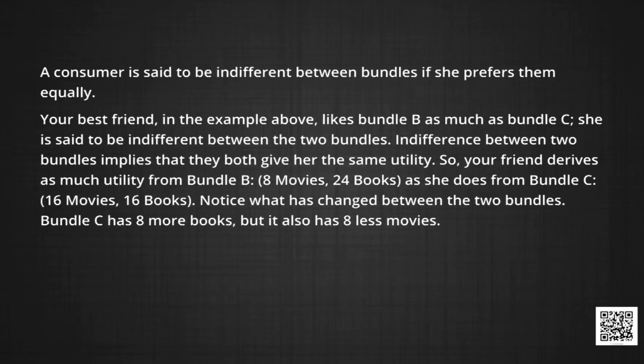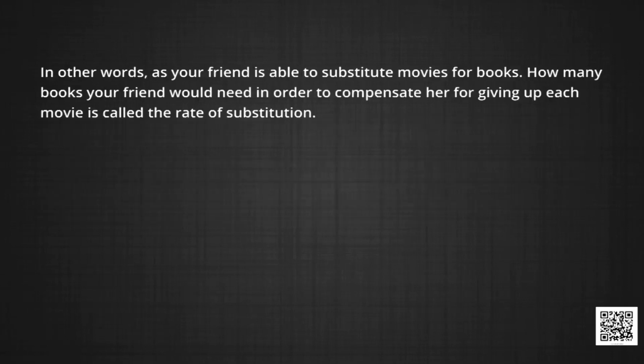Notice what has changed between the two bundles is the number of books and movies that each has. Bundle C has 8 more movies, but it also has 8 fewer books. In other words, your friend is able to substitute movies for books.